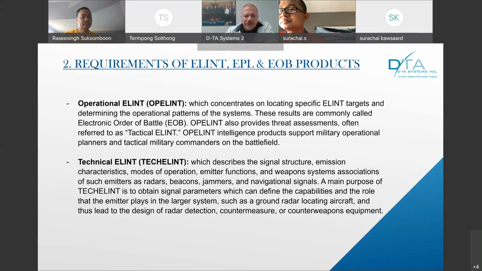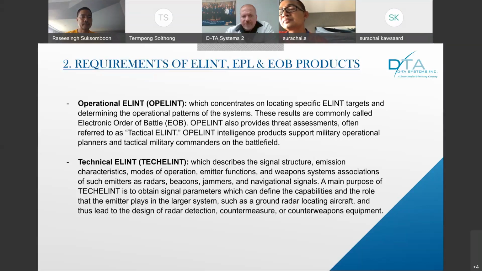Technical ELINT, or tech ELINT, describes the signal structure, emission characteristics, modes of operation, emitter functions, and weapon systems associations of such emitters as radars, beacons, jammers, and navigational signals.